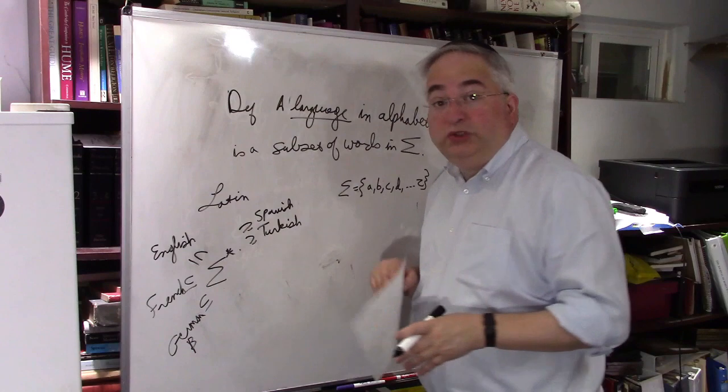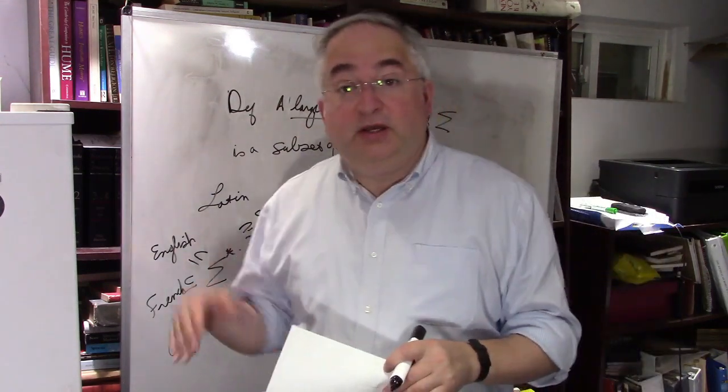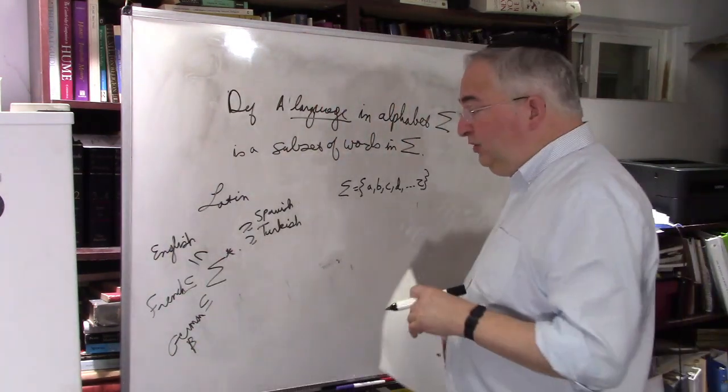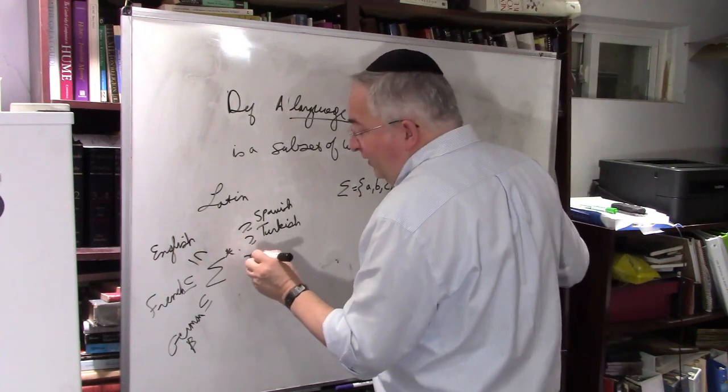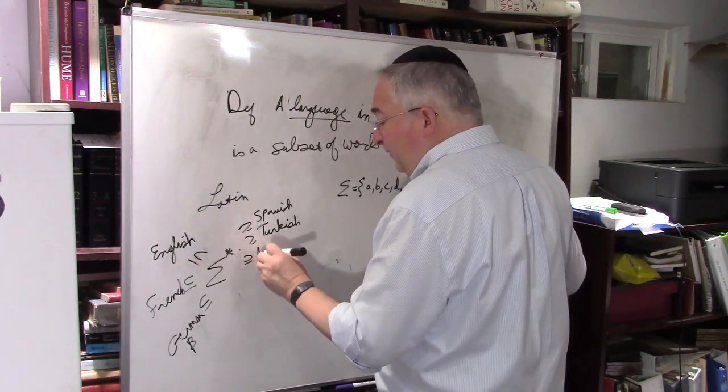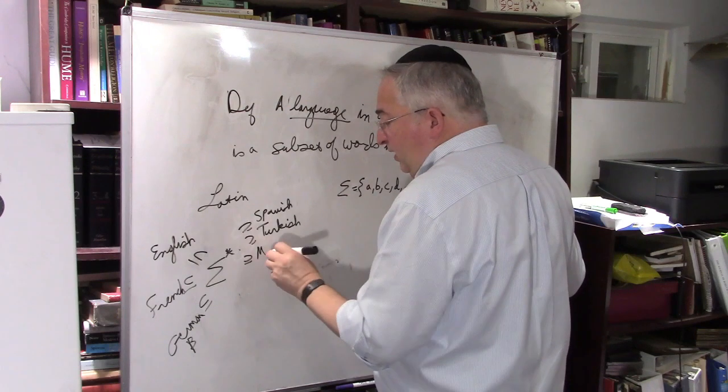Turkish uses Latin symbols. That was changed in the 30s. They used to use Arabic symbols, but it has nothing to do with Arabic.